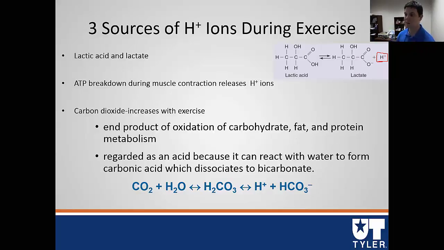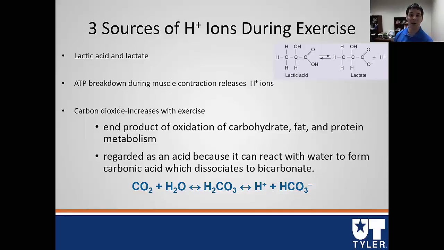And although we didn't talk about it, protein is the same, right? So each time we break these down, we produce CO2, and as we talked about in the previous module, CO2 can combine with water to make carbonic acid. Carbonic acid then dissociates to create our hydrogen ion and our bicarb, right? So those are our 3 primary sources of hydrogen ions during exercise.